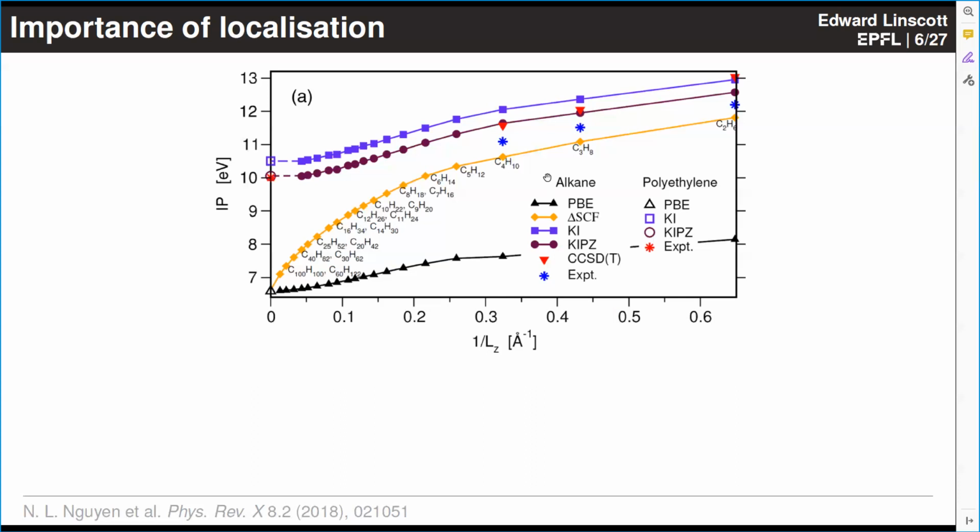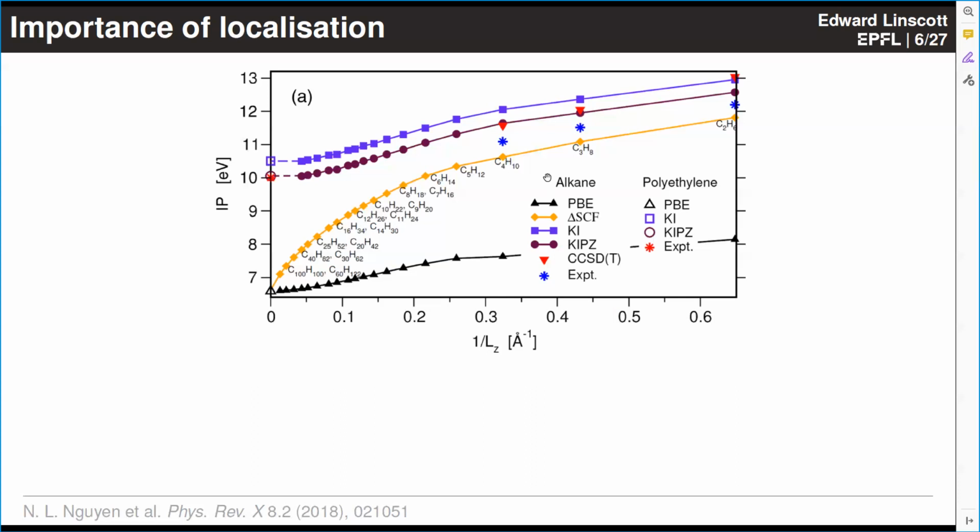When you explicitly remove an electron from your system and calculate total energy differences, PBE gives us excellent results. This is because density functional theory is really a theory about total energies, and so the eigenvalues are auxiliary quantities that we usually have no right to inspect and try to extract physical meaning from.